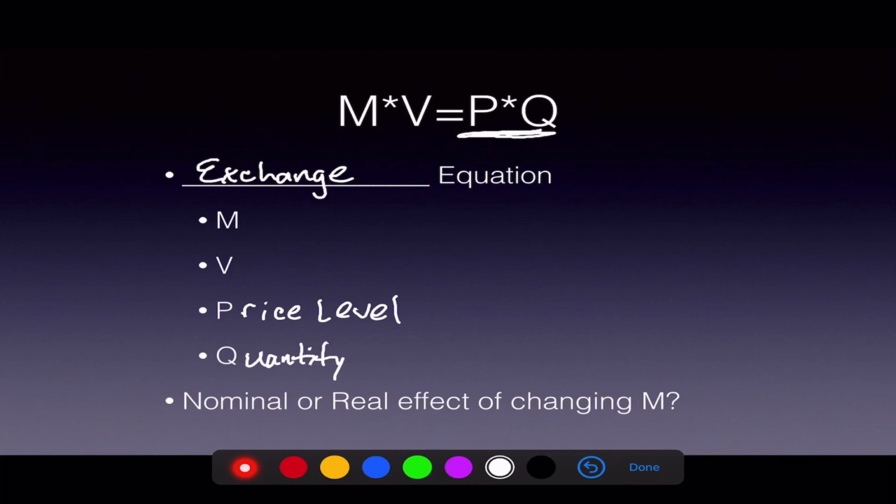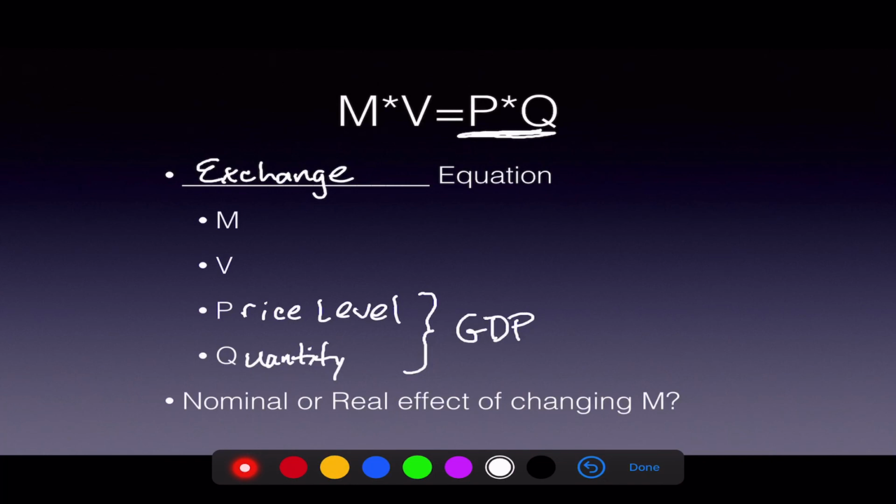That's essentially the output in the economy. So if you take the prices of all goods in our economy times the quantity of all goods in our economy, you're going to get a dollar value for the economic output of our economy, which we've previously described as GDP. That makes sense. If you take all of the prices in society times all of the goods in society, you're going to get the total value of those goods and services.